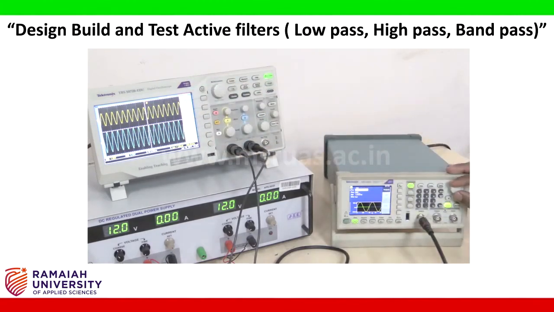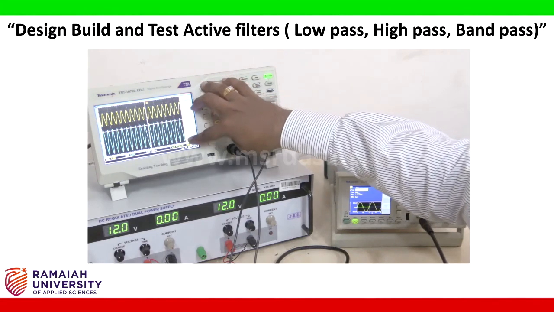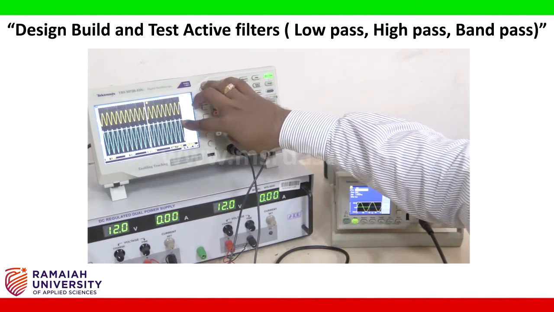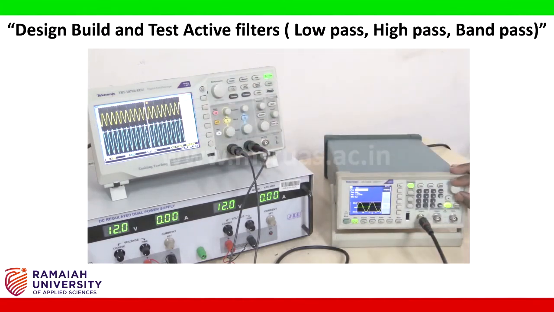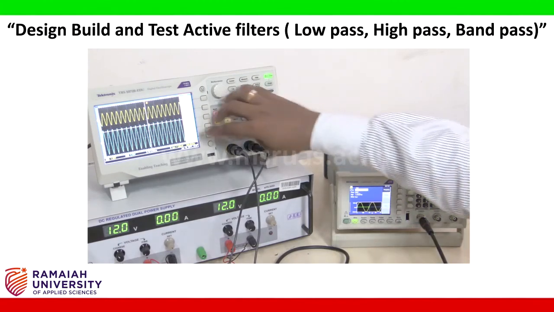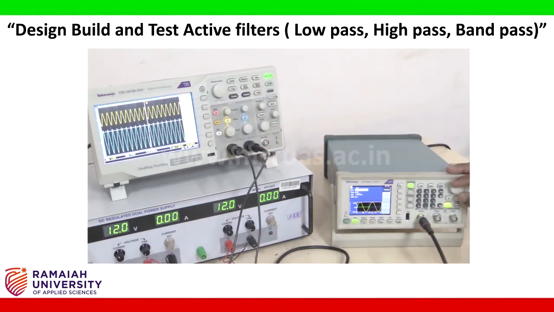Later on you increment it to 800 Hz. Your output will be 1, 2, 3, 4.2 volt peak to peak. Later on you increment it to 900 Hz. At 900 Hz also your voltage will be 4.2 volt peak to peak.